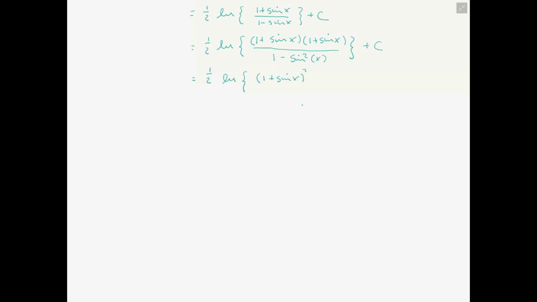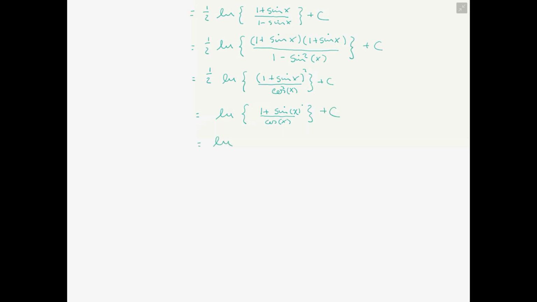We have 1 plus sine of x squared over cosine squared of x plus c. Now we can apply the exponent, which reduces the numerator into 1 plus sine of x, over cosine of x plus c.